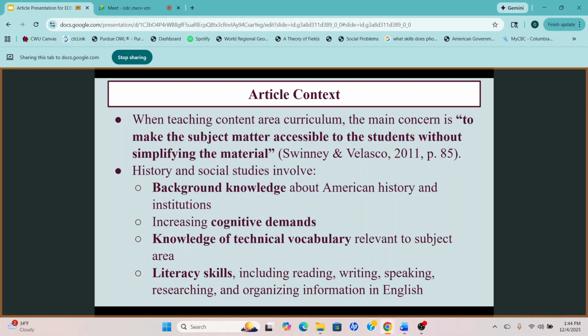One of the main concerns when teaching content area curriculum is to make sure the subject matter is accessible to the students without simplifying the material.